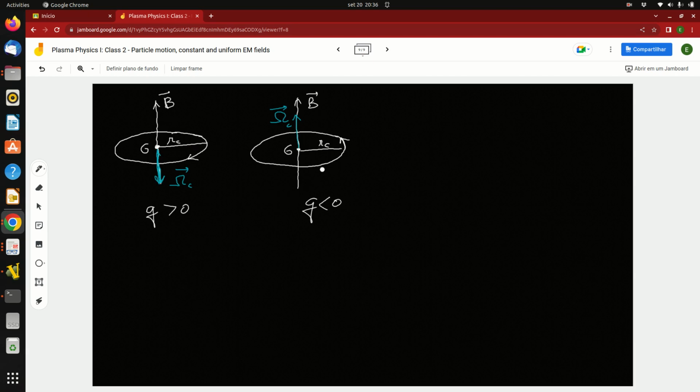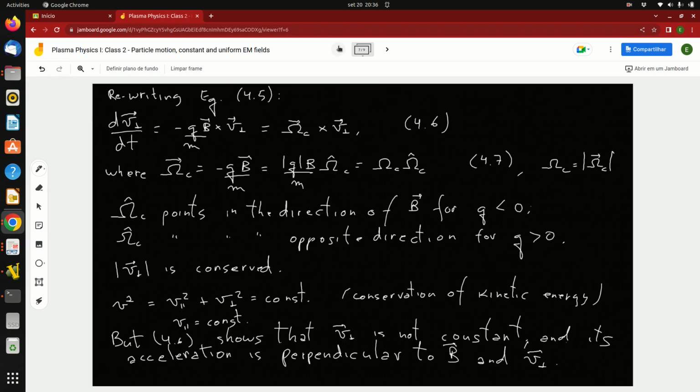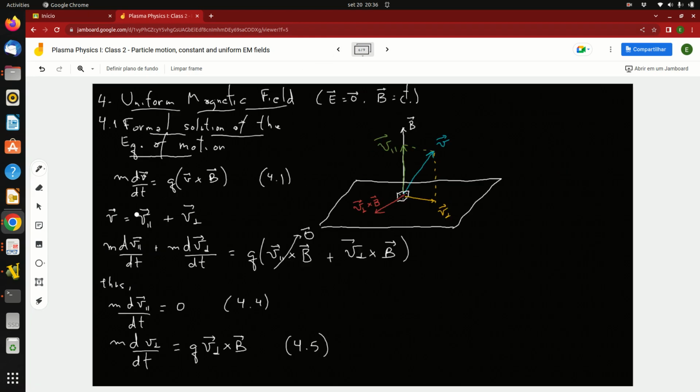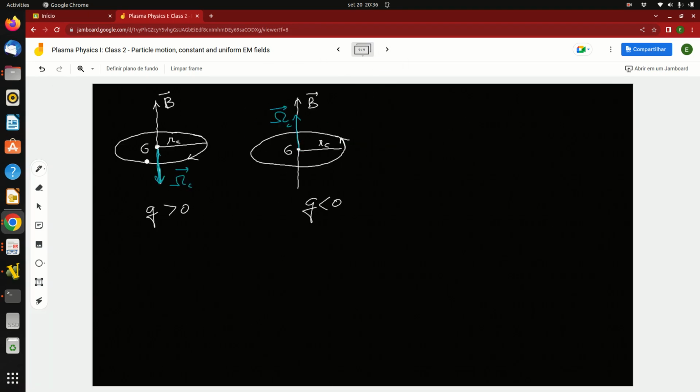Well, this is just the perpendicular component of the velocity, which is clockwise or counterclockwise on the plane perpendicular to B. But the velocity is actually a combination of perpendicular plus parallel. The parallel motion is constant along B. So the resulting motion would be a helix, a helical motion in the clockwise or counterclockwise direction.